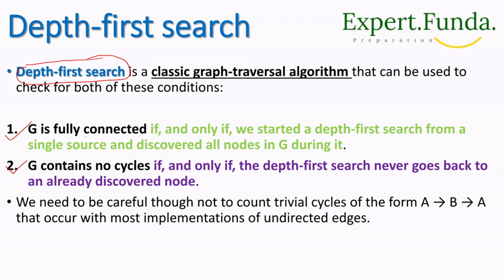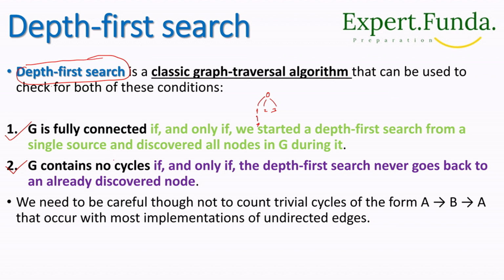How? Graph G is fully connected if and only if we start a DFS from a single source and discover all the nodes in G during it. We pass the source, like node 0, then move to all the children 1, 2, 3, and from 1 we go to 4, and so on.